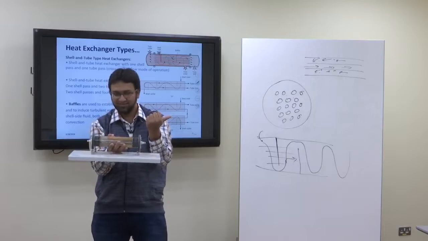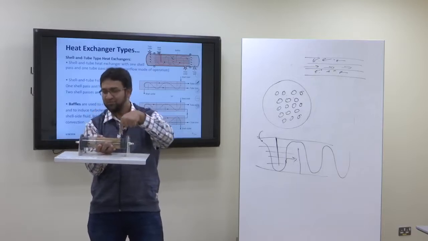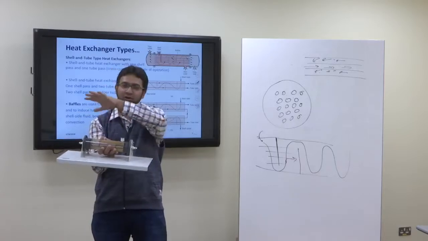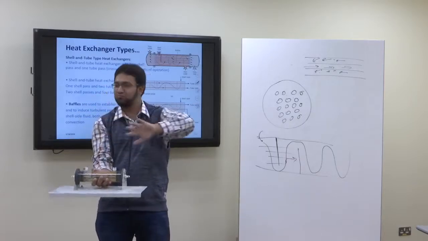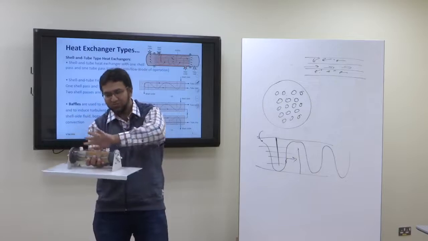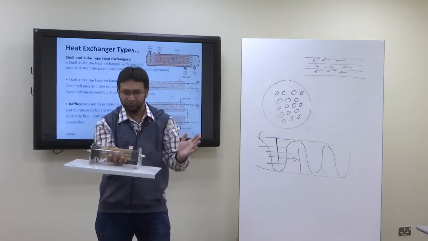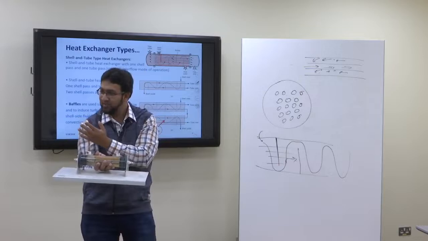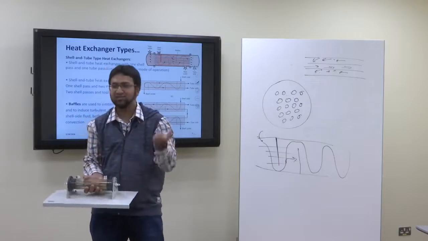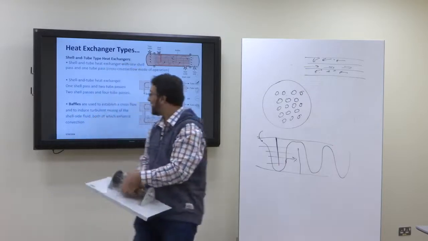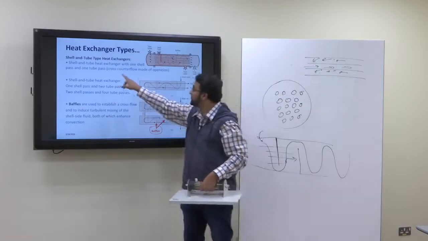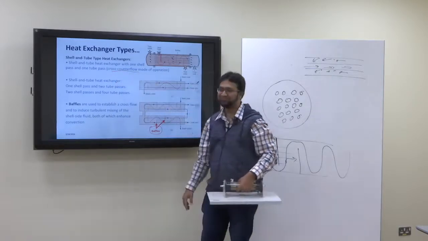On an overall bird's view picture, the shell side fluid is moving like this and the tube side fluid is moving like this. So it is cross flow as well as counter flow. That's why we give it the name cross counter flow.